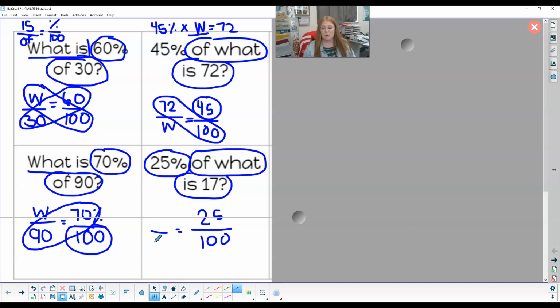Of is the total that goes on the bottom, and it is 17. So 17 times 100, and then I'm dividing by 25. That's like quarters: 25, 50, 75, 100. 25 is an awesome number. Don't be scared of it. So multiplying and dividing will give me this W all by itself.